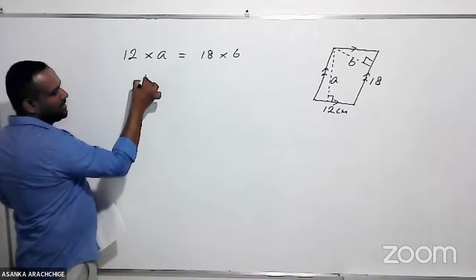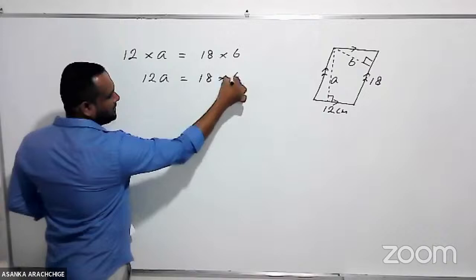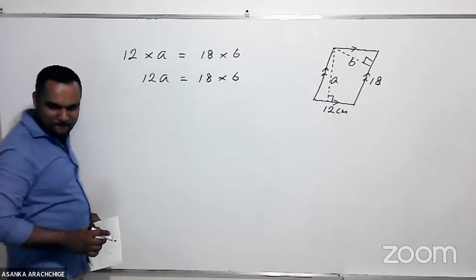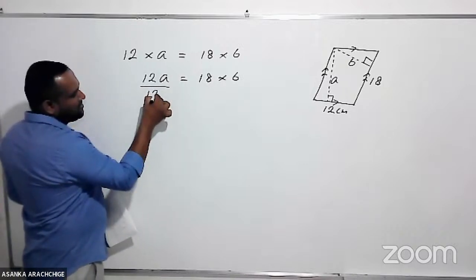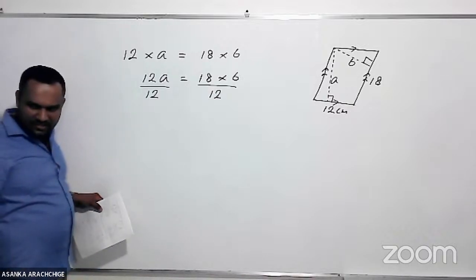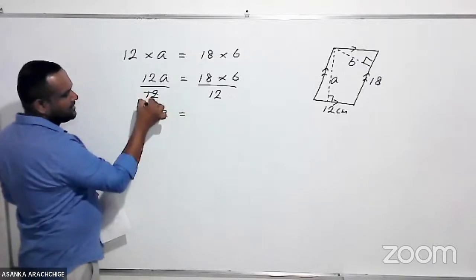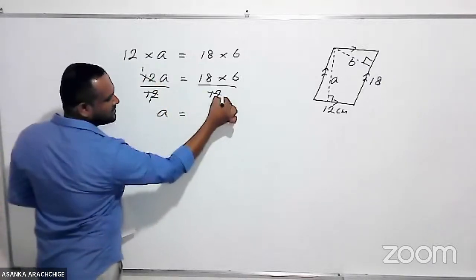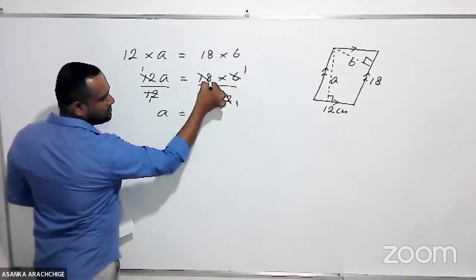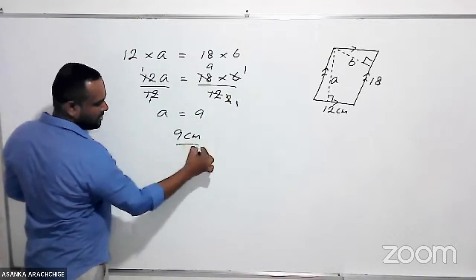Now, 12A equals 18 times 6. Then divide by 12. Then A equals 6 times 2, 6 times 1, 2 times 1, 2 times 9, that is 9 centimeters. Clear?